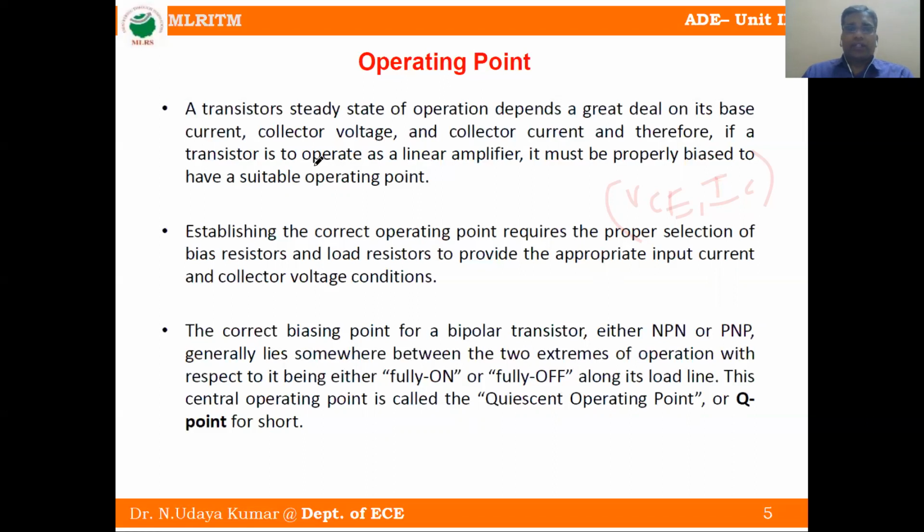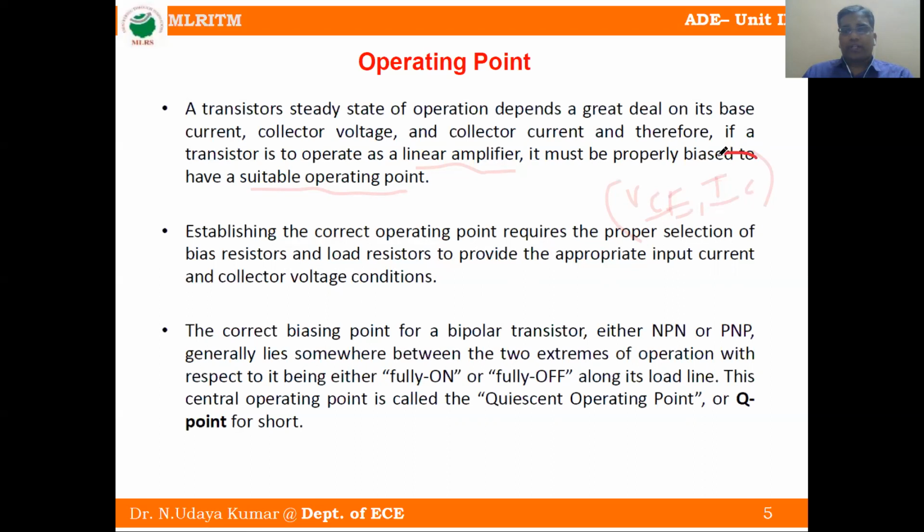Therefore, if a transistor is to be operated as a linear amplifier, it must be properly biased to have a suitable operating point. Establishing a correct operating point, meaning VCE, IC, requires the proper selection of bias resistors and load resistors to provide the appropriate input current and collector voltage conditions.